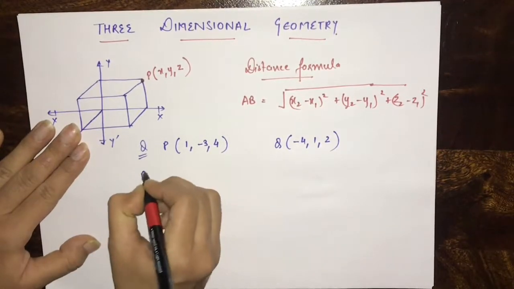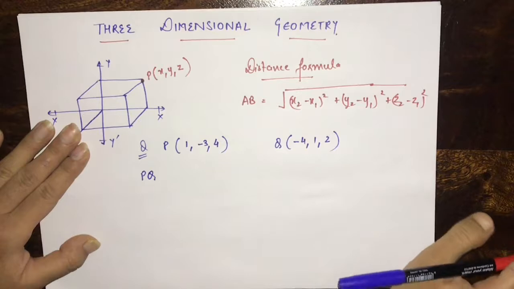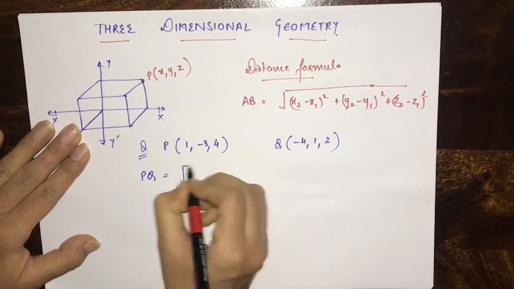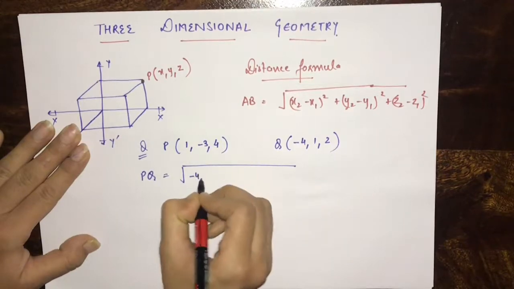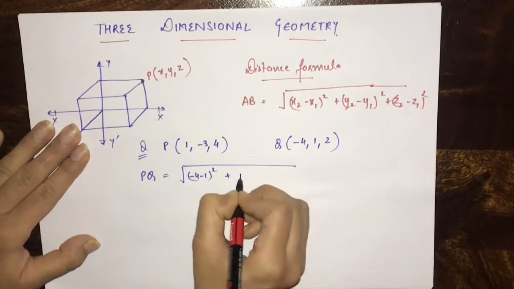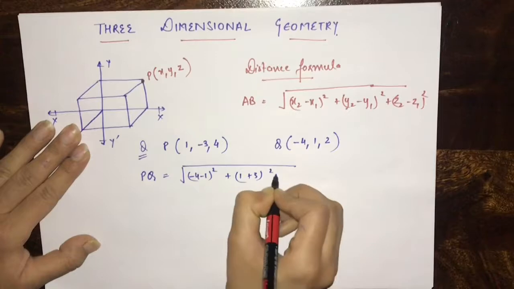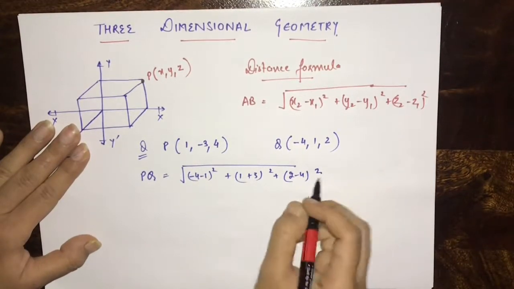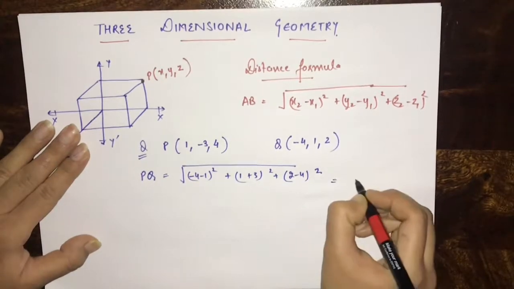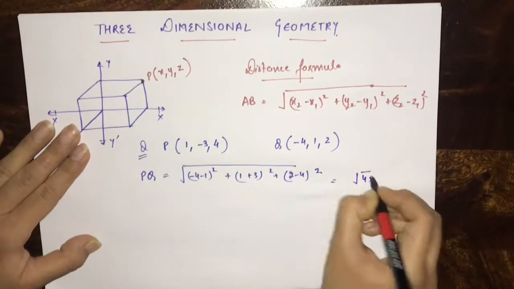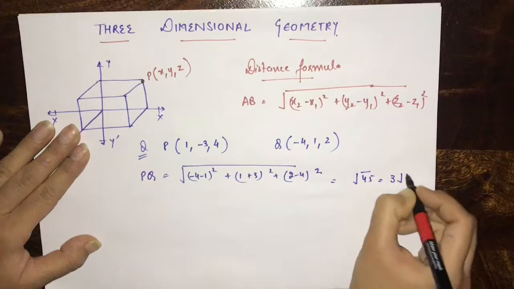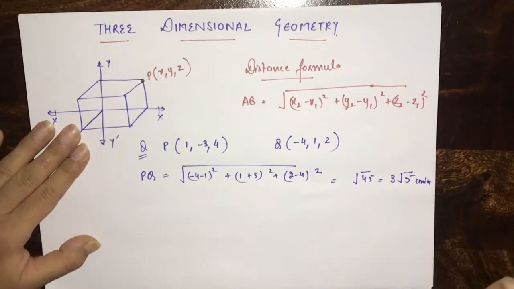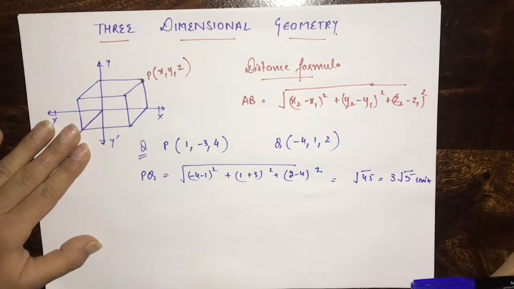Now applying distance formula, the distance between 2 points P and Q in the 3-dimensional plane would be x2 minus x1, minus 4 minus 1 square plus 1 plus 3 square plus 2 minus 4 square, and when you solve this you will get root 45, simplifying it 3 root 5 units, which is the distance between 2 points P and Q.